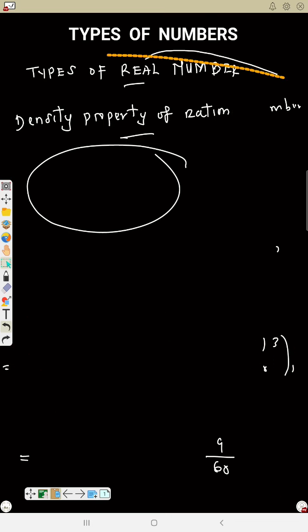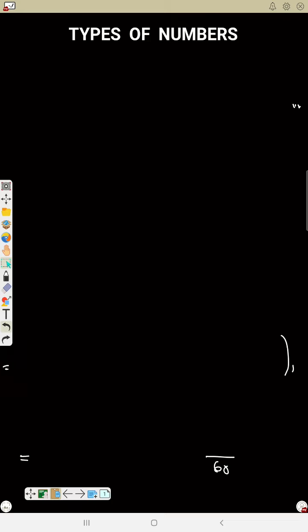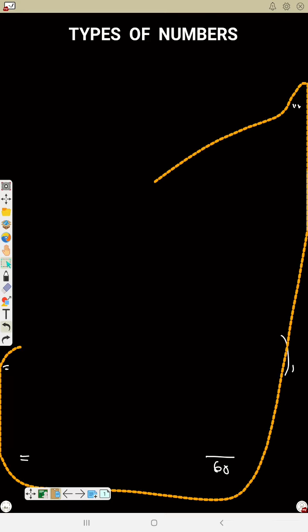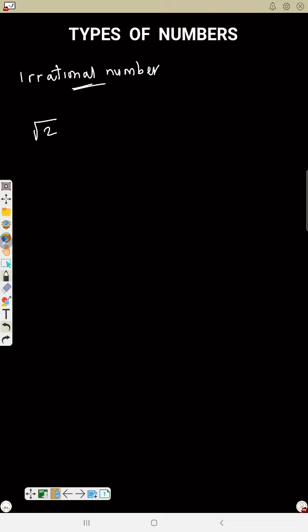If they ask you what is an irrational number, you will say they are repeating but non-terminating. Irrational. So they are repeating and what? Non-terminating.